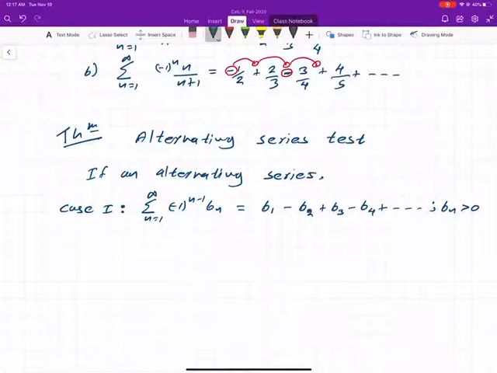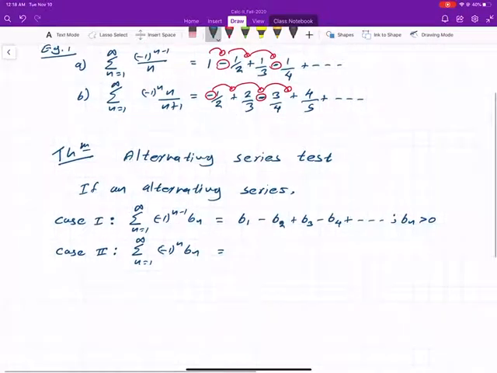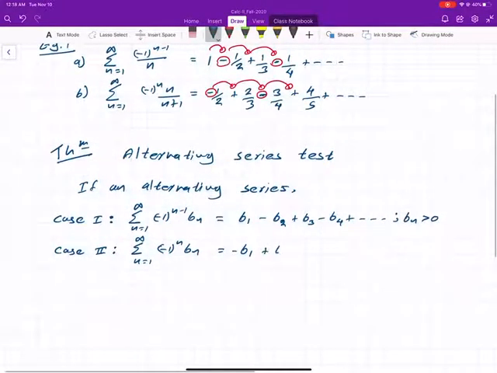And in case 2, sigma n goes from 1 to infinity, negative 1 to the power n times bn, and the expansion of this one is negative b1 plus b2 minus b3 plus b4, and so on.